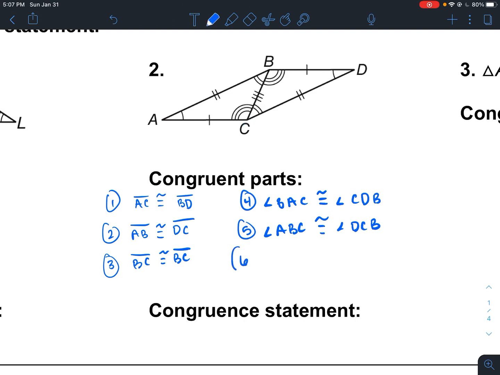So for the sixth part, we know that this corresponds with this angle right here. So I'm going to describe that as angle. Well, I'm going to do the left one first. So this angle, I'm going to call that ACB. So ACB is congruent with angle DBC.